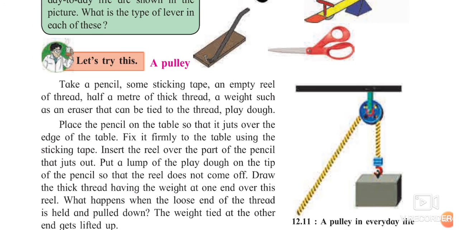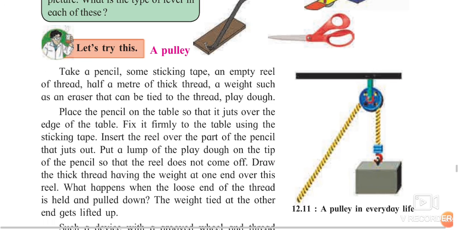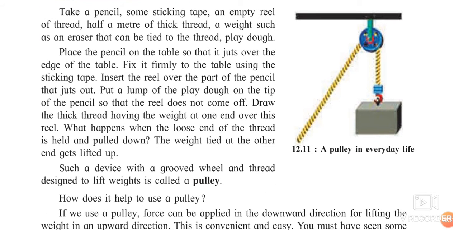The next part of this lesson is the pulley. You have often observed near your wells a wheel-like structure. Across it there is a wire or rope attached, which is used to pull a weight from one end, and which makes the work of pulling or picking up things very easy. The device in which a grooved wheel with the help of a thread is designed to lift a weight is called a pulley.